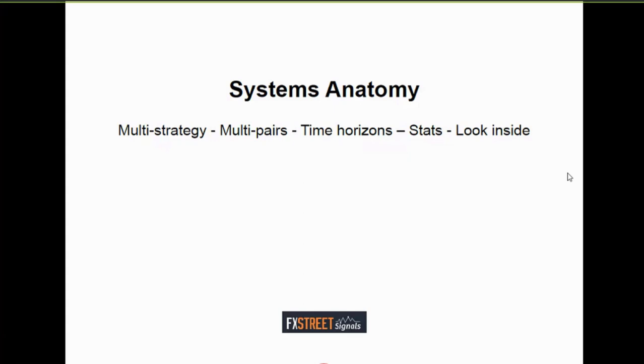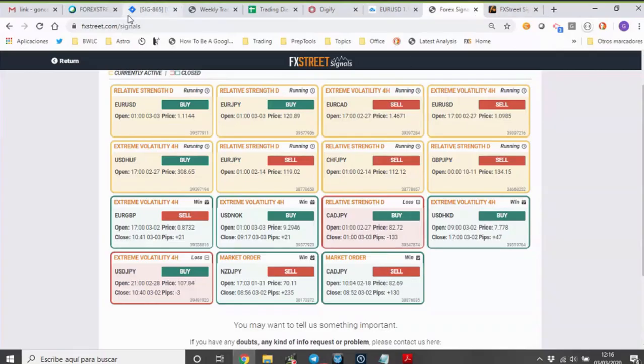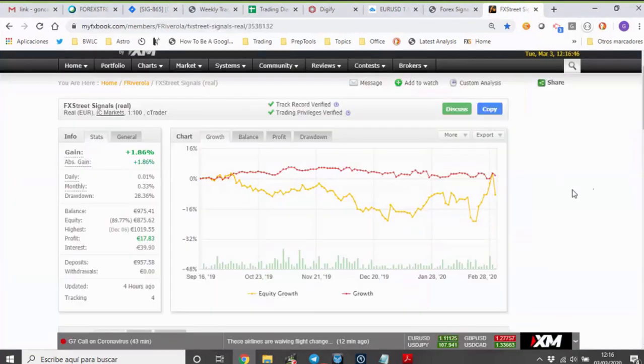Okay. As for the statistical track record, we follow our trades. We have a track record visible in real time at MyFXBook. Here it is. This is the real account since September last year.